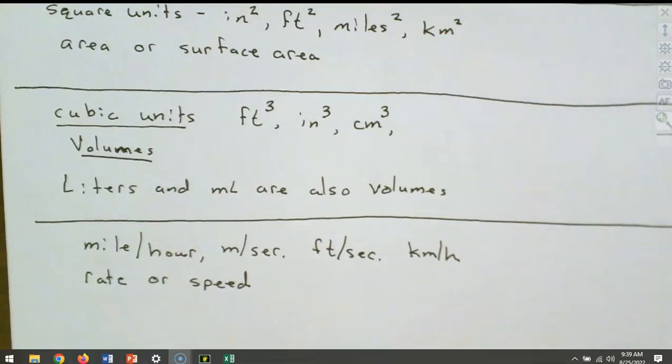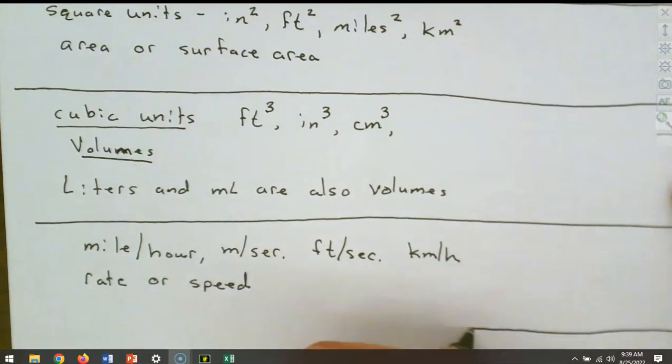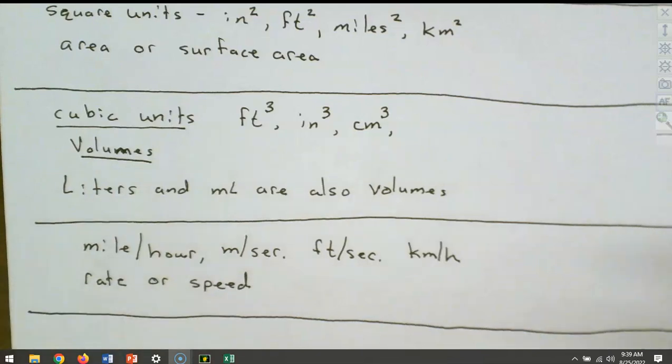But anytime we talk about a rate or a speed, it's always going to be a distance divided by a unit of time. And we all know what time is. Time can be measured in minutes, seconds, days, however we need to break it down. But I just wanted to take a moment to cover those basic units. So when we see them in a question and we see a cubic unit, we automatically know that that came from a volume.